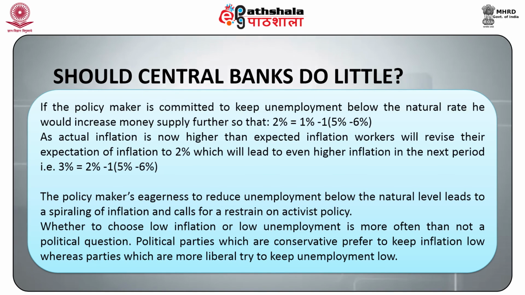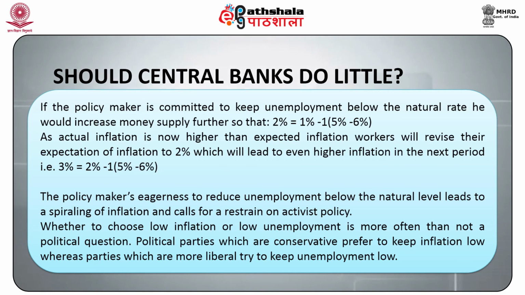If the policymaker is committed to keeping unemployment below the natural rate, he would increase the money supply further so that 2% = 1% − 1(5% − 6%).